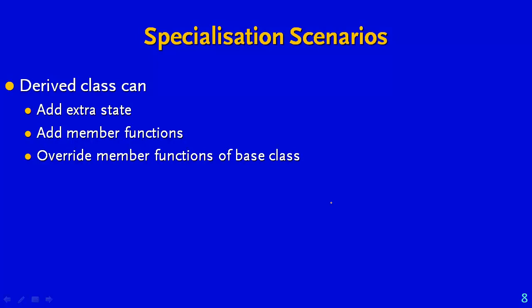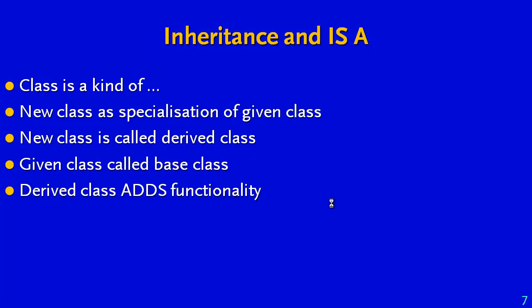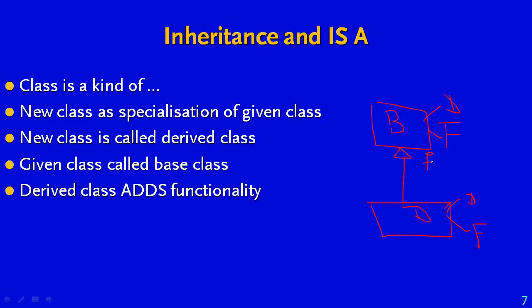You've also got the following scenario, and there are different sub-scenarios involved here, which we will discuss as we progress. Certain member functions in the base class we are going to override in the derived class. So let me go back to my diagram. What do I mean? I might have a function here called f, any old function.